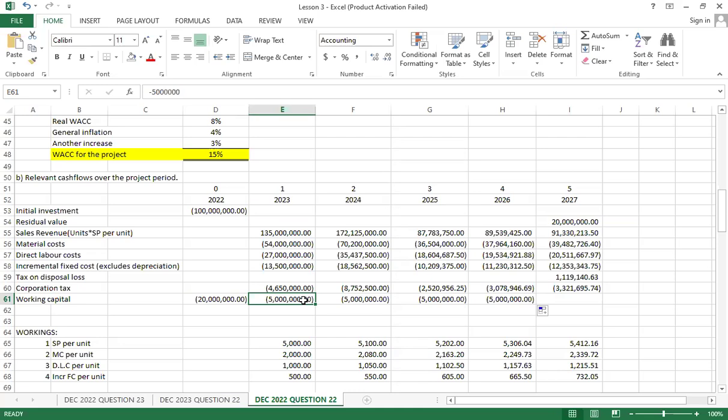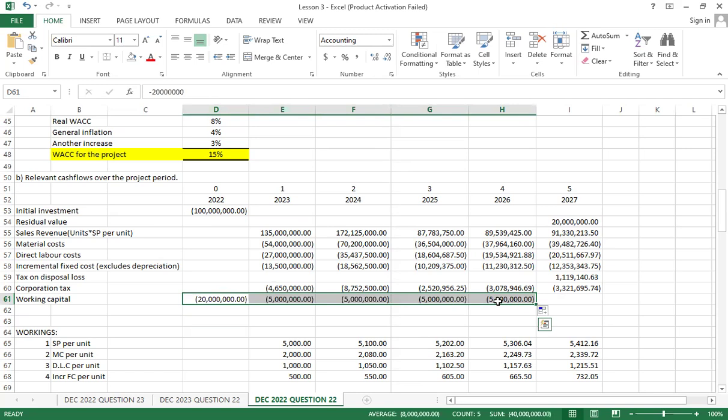Now, I have not had the increment of 5 million in period 5. Why? Because the question says that come period 5, this initial 20, plus all these increments, revert in period 5. What does to revert mean? It means that we receive back that money.